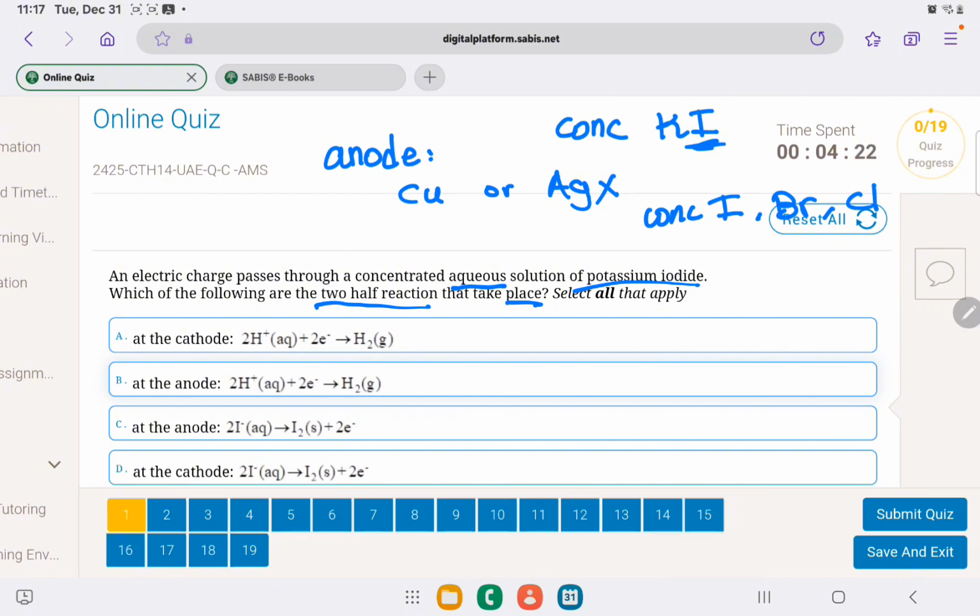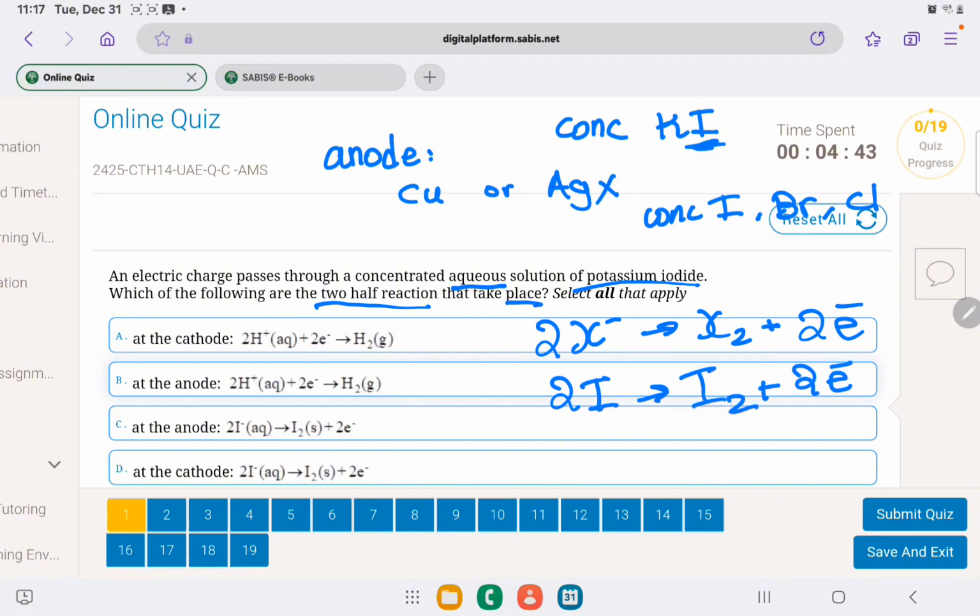So it's yes. The formula at the anode is 2X minus to give X2 plus 2e minus. We replace the X with I, so it's 2I minus to give I2 plus 2e minus. So that's the equation at the anode.